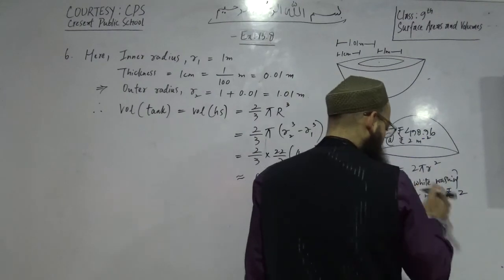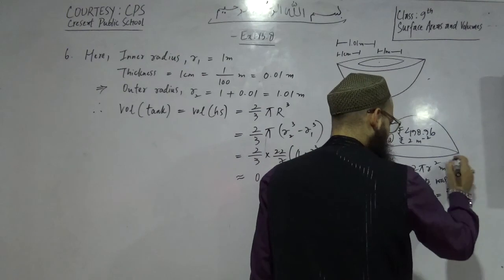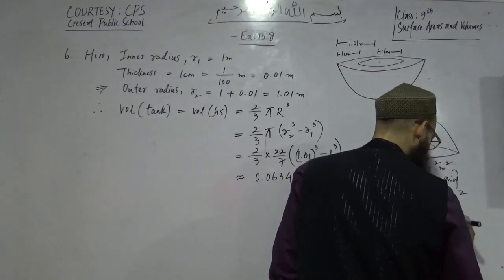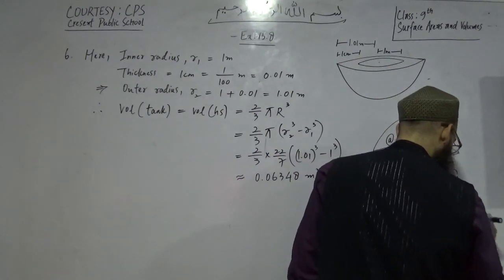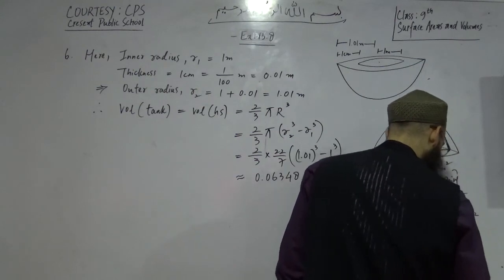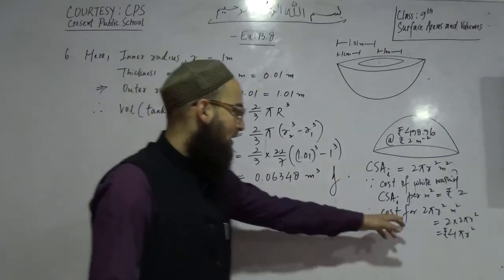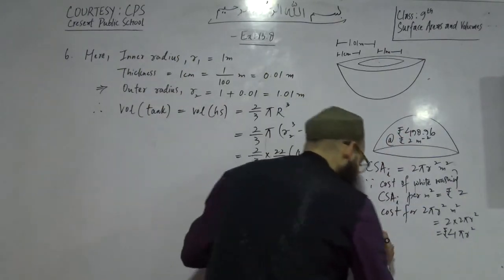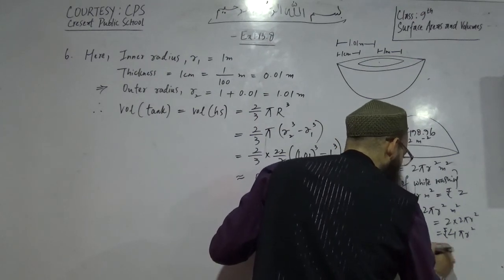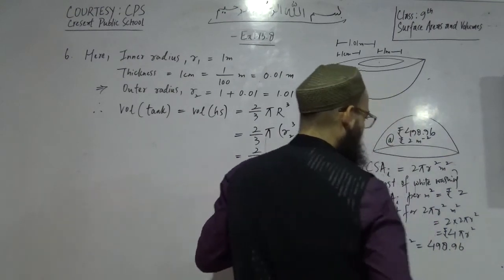cost for 2 pi r square meters is 2 times 2 pi r square, that is 4 pi r square rupees. Now this is the total cost of the whitewashing inside the dome. According to the condition, 4 pi r square is equal to 498.96.